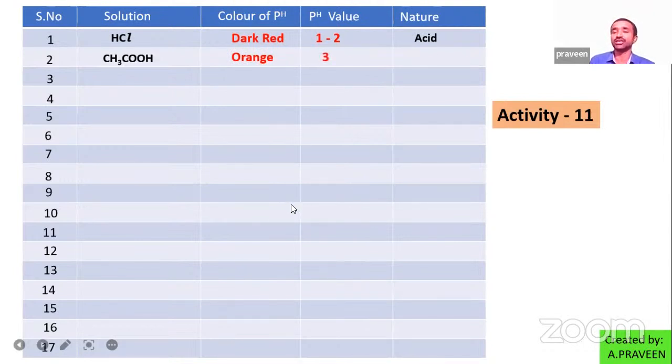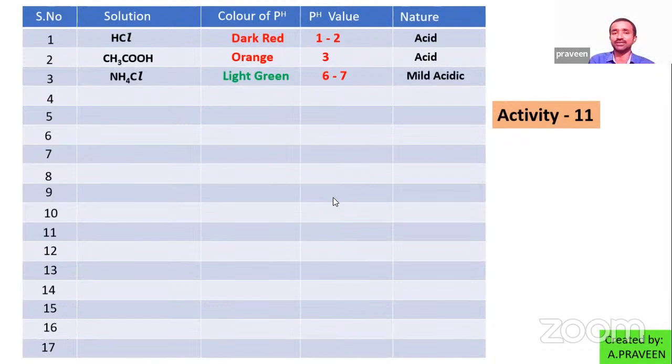Then its nature is acidic, pH value less than 7. Next, ammonium chloride. It gives you light green color, but not dark. Green only, but light green. What value is given for this? It is in between 6 to 7. So lower than 7. Mild acidic, little acidic in nature.